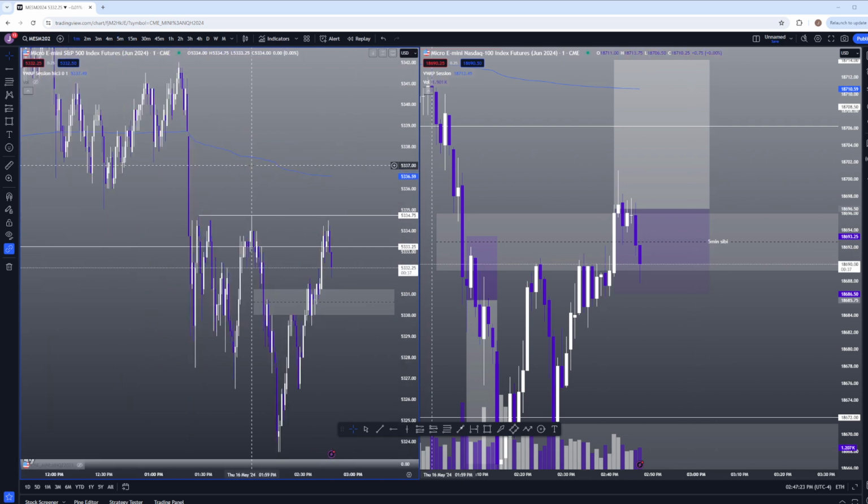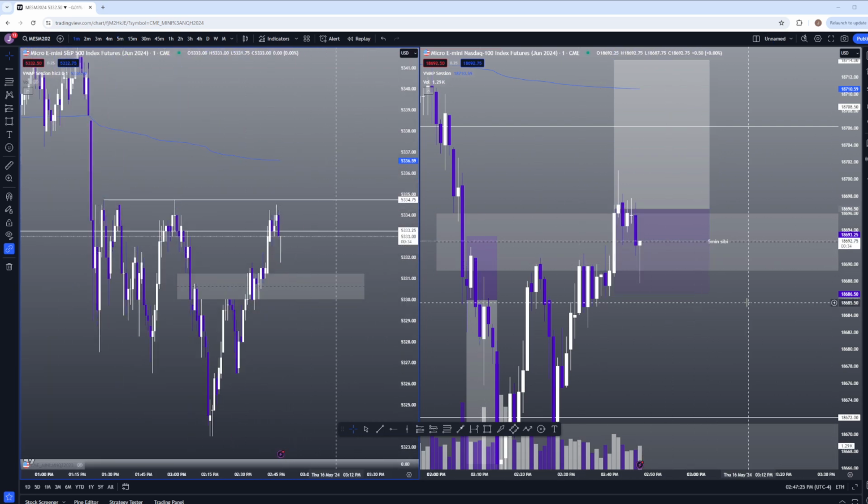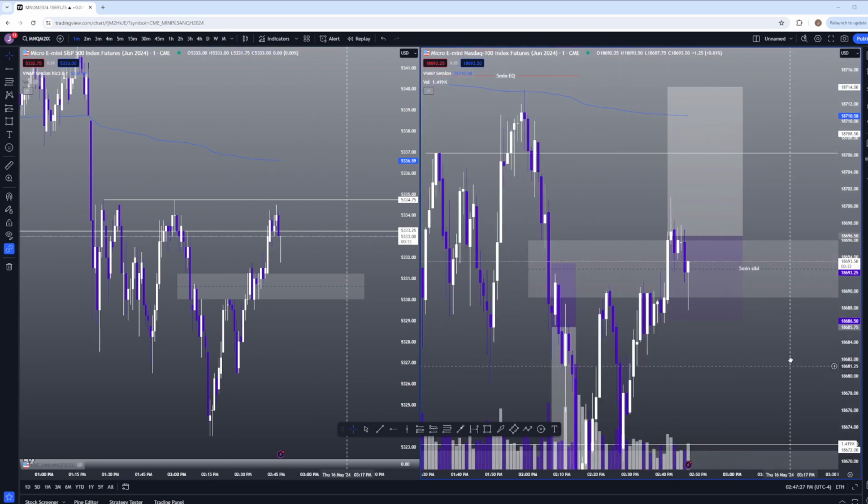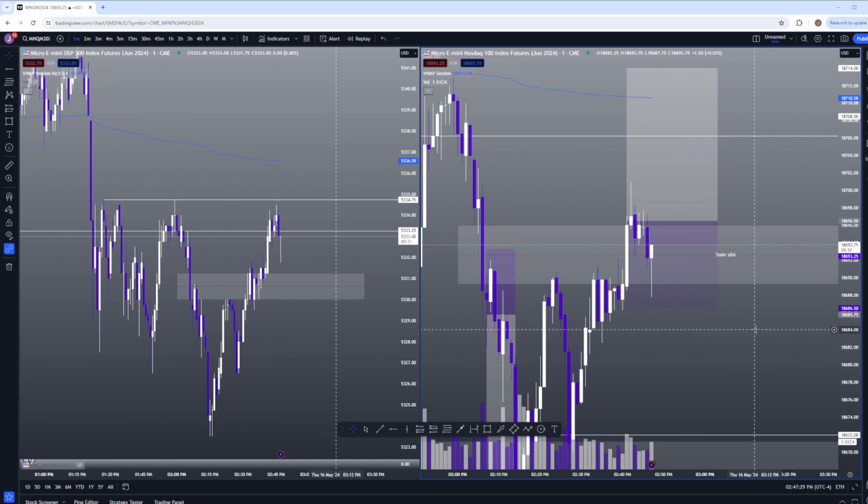Want to see ES head up for these highs up here. It's a nice bounce. Nice bounce on that 1 minute. I like that 1 minute candle. We just got to see some follow through.